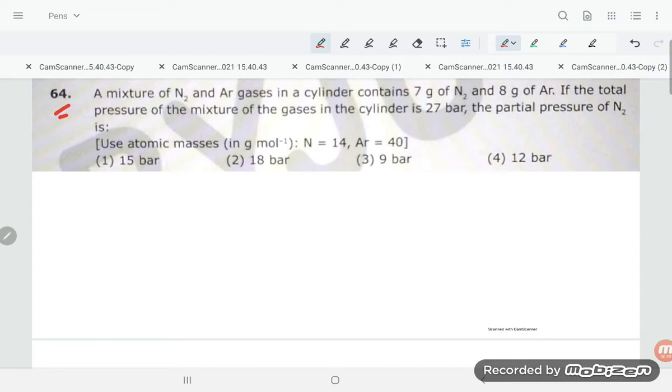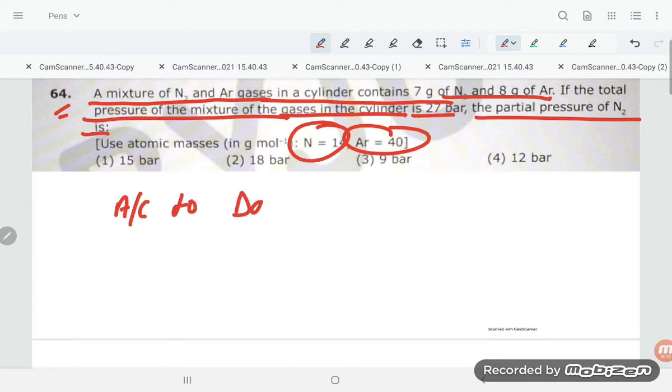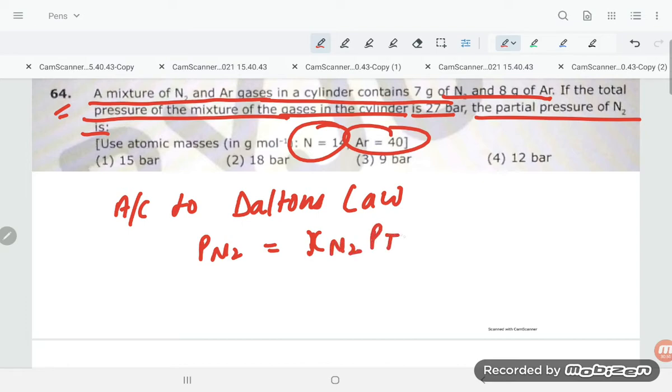Try to solve question number 64. A mixture of N2 and argon gas in a cylinder contains 7 gram N2 and 8 gram argon. If the total pressure of the mixture of the gas in the cylinder is 27 bar, the partial pressure of N2 is, use atomic masses N 14, argon 40. According to Dalton's law, P of N2 is equal to X of N2 times P total.